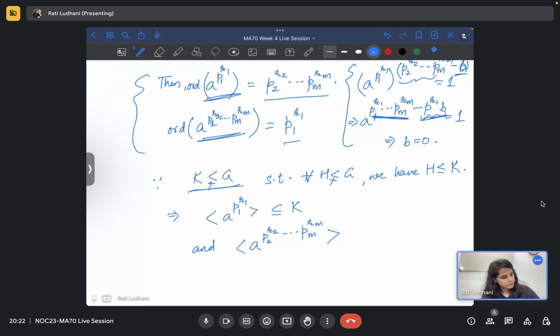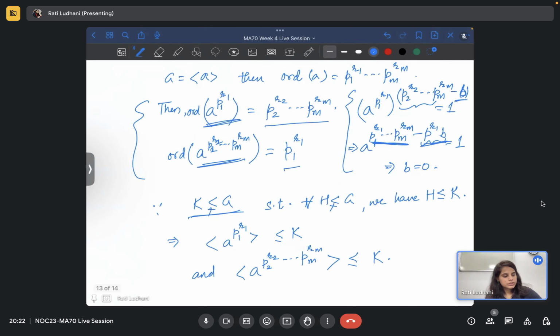okay, let me say this. So this is also in K. Okay, so what I mean to say, you take these elements, a raised to power p1 raised to power r1, and the other one is a raised to power p2 raised to power r2, up to and so on, pm raised to power rm.